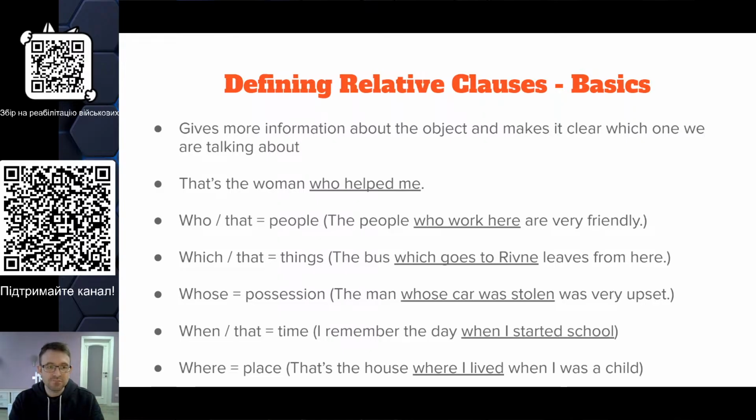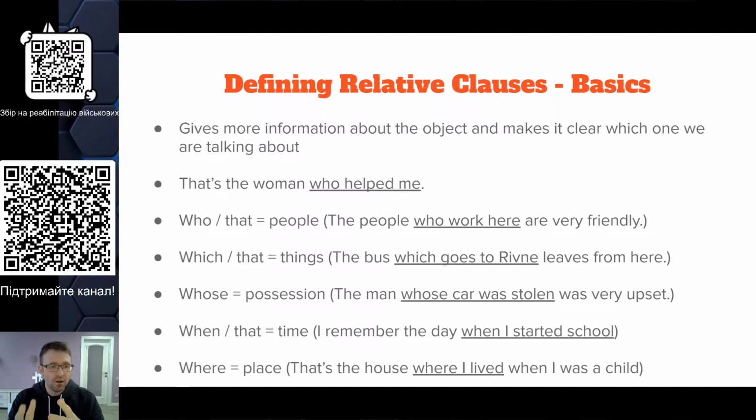Here we have the relative clause "who helped me," and this tells us which woman we are talking about. Because if we just say, "That's the woman," okay, what woman? It's not complete. It's not a finished sentence. And so a defining relative clause tells us exactly which person, object, thing we are talking about.